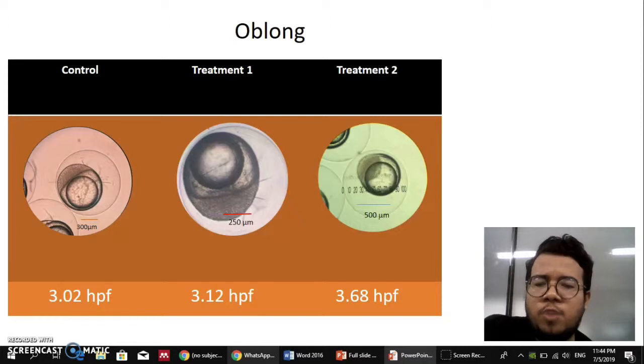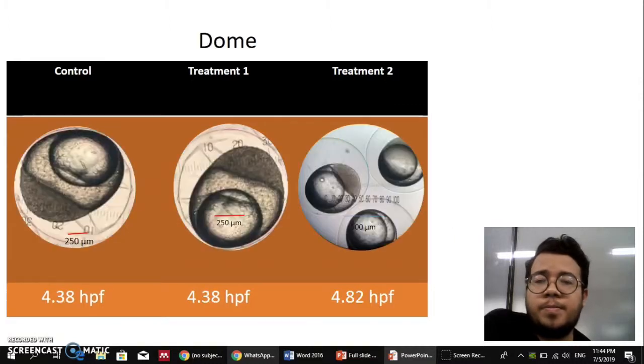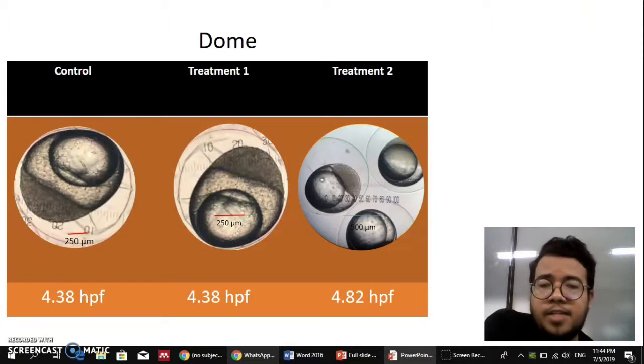So for oblong, all have quite an average time during development of this process. For sphere, it's the same, where almost all of control, treatment 1 and treatment 2 have the same time. For the dome process, treatment 2 took quite a time, but still on an average scale for the others.